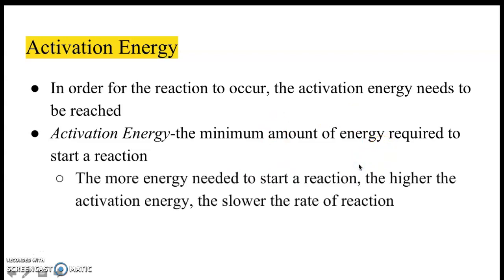The more energy needed to start a reaction, the higher the activation energy is, the slower the rate of reaction for that chemical reaction. It slows the rate because more energy is required in order for the reaction to go in the first place. The symbol for activation energy is E with a lower subscript of A.